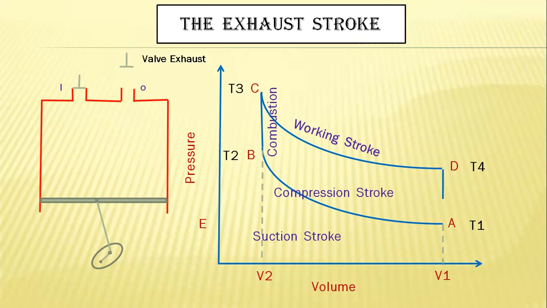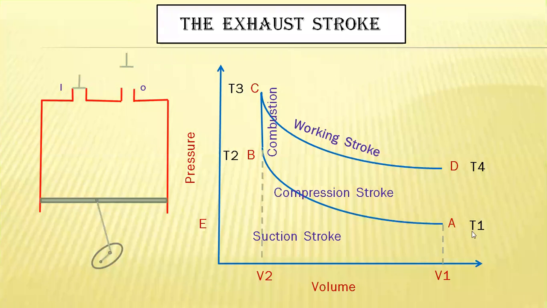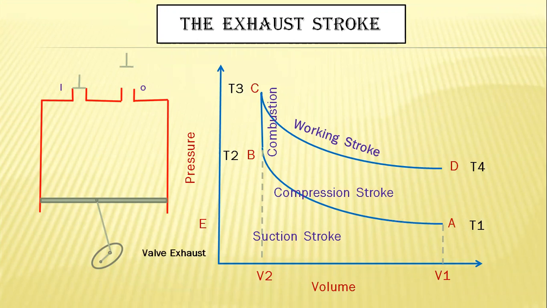During the valve exhaust, the temperature and pressure inside the cylinder decrease, but the volume remains the same. Therefore, the volume is V1, but from D to A, the pressure decreases.